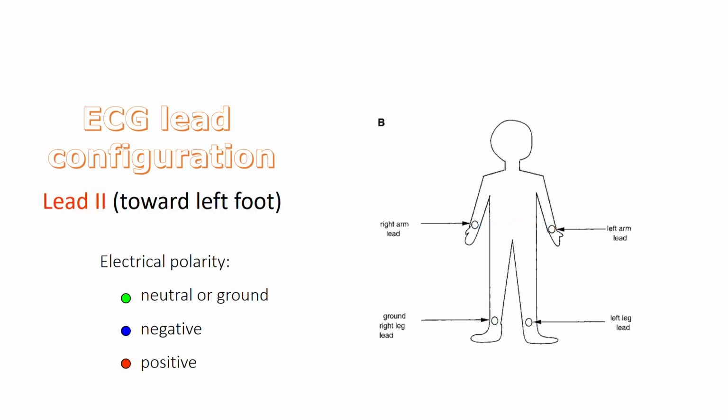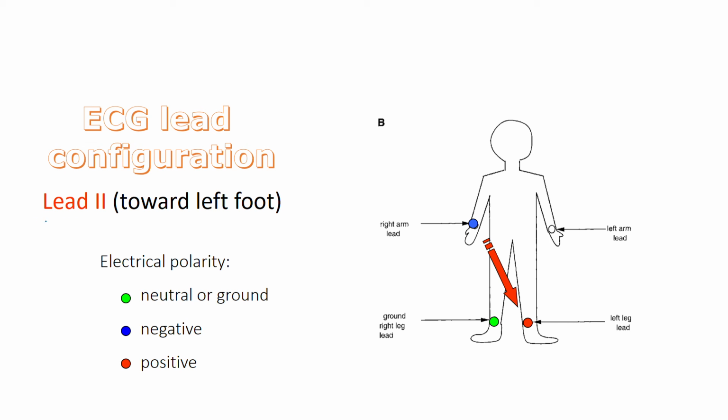Lead 2, called toward left foot, uses the same number of electrodes, but now we measure from the right arm lead, which is the negative side, and determine the potential difference between the negative and the positive connected to the left leg lead, with respect to ground.